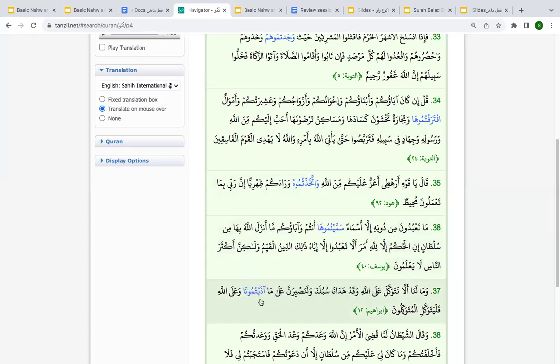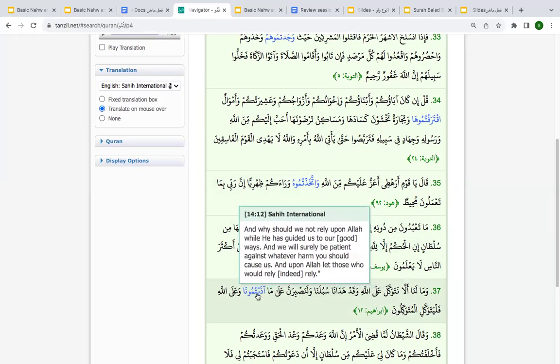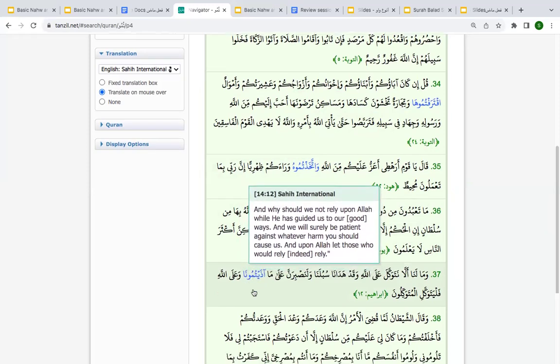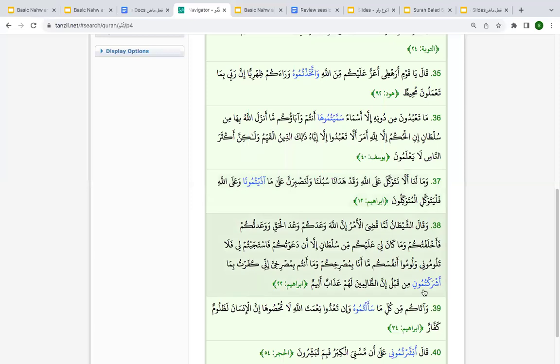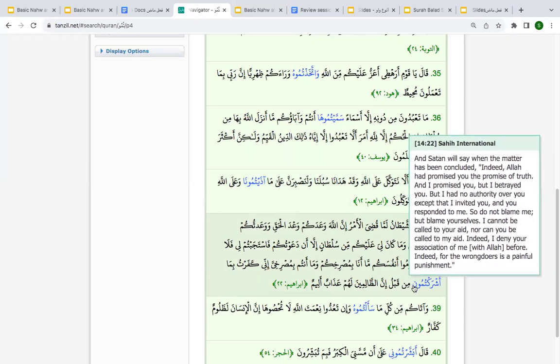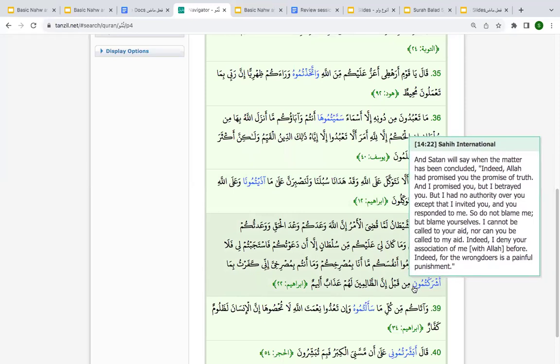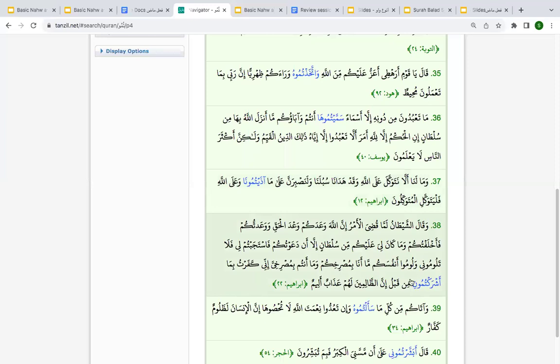آذيتمونا. آذيتم was fi'l madin. Na was the attached pronoun. Waw ishba got inserted for the ease of flow. Ashraktum, antum ashraktum. And noon with ya got attached to it. Ya has been omitted from this word.